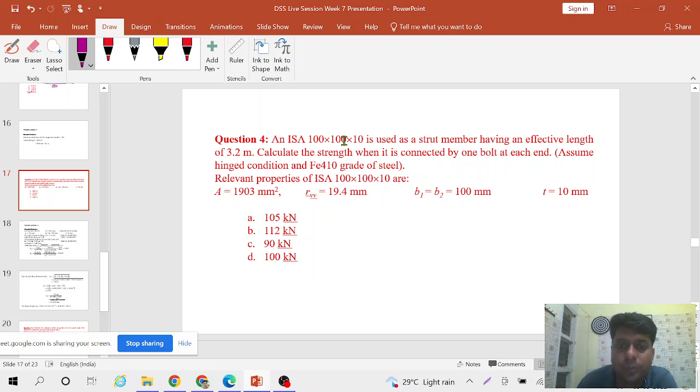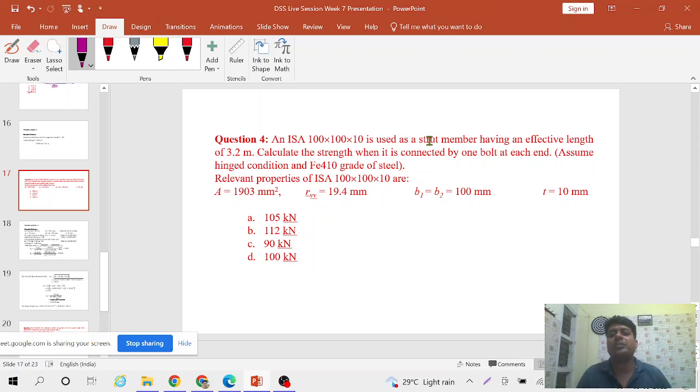So you have to be a little bit familiar with your IS code book and your steel tables, so that you can know in which unit these things are given. We know that in the steel table or in our code book it is given in mm, so that is why 100 mm cross 100 mm cross 10 mm, this angle section, is used as a strut member.